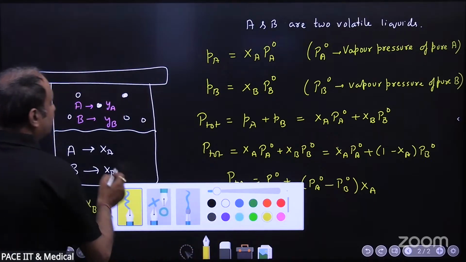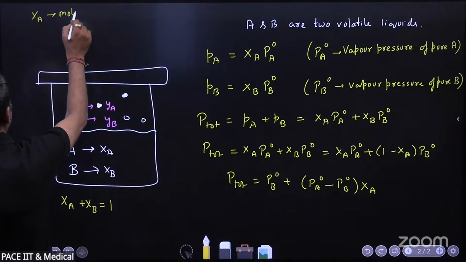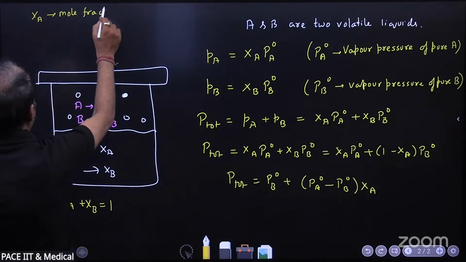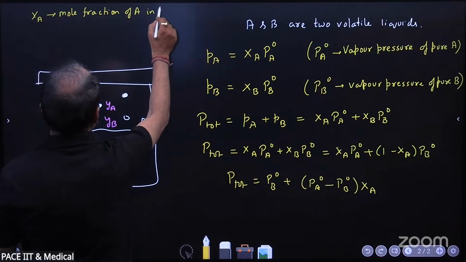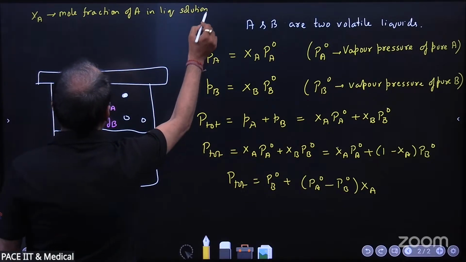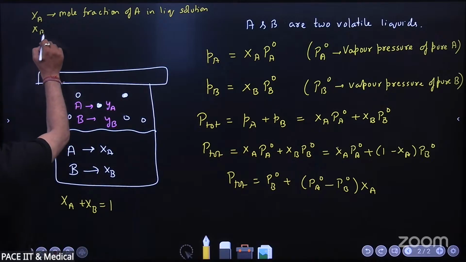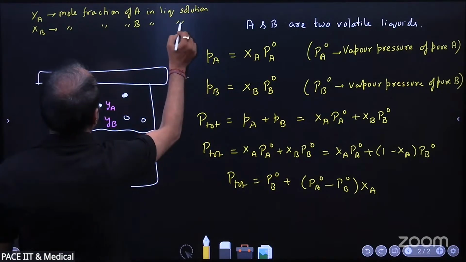YA and YB are mole fractions in vapor form. So let's write each term. What is XA? XA is mole fraction of A in liquid solution. XB, mole fraction of B in liquid solution.